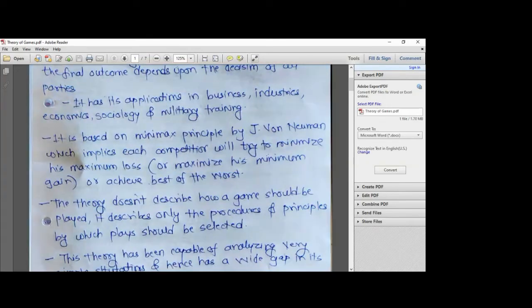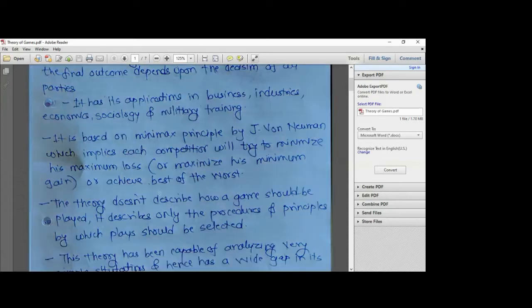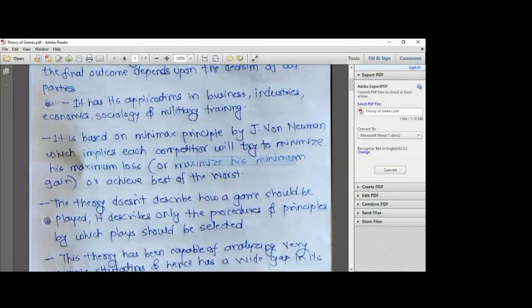Similarly, in the other strategy, what is the worst thing that can happen? That you are getting a minimum gain. But achieving the best of the worst is maximizing the minimum gain, that is achieving the best of the worst, right?